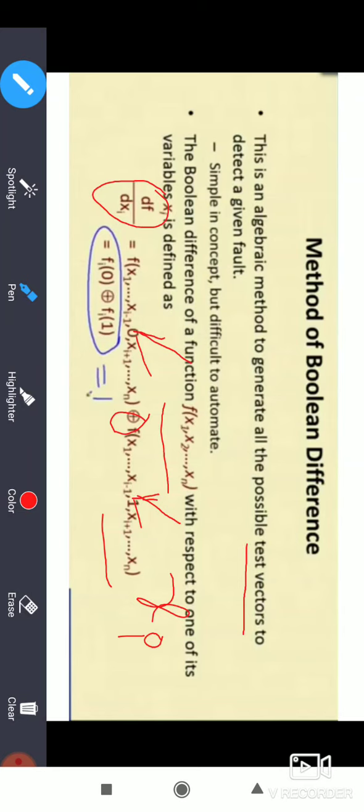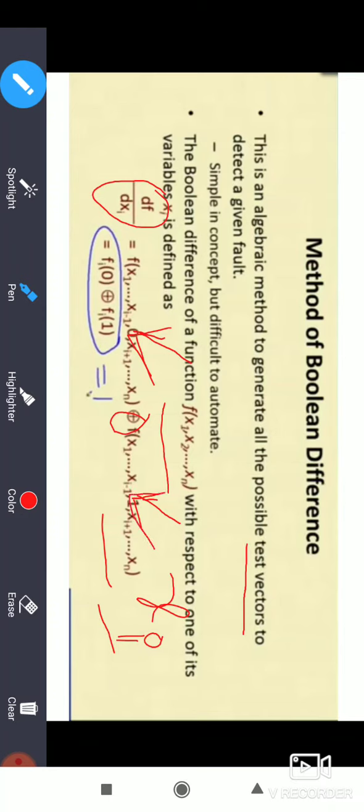Here xi indicates the line number of the circuit, and the derivative df by dxi indicates the exclusive OR of the function with 0 and 1.